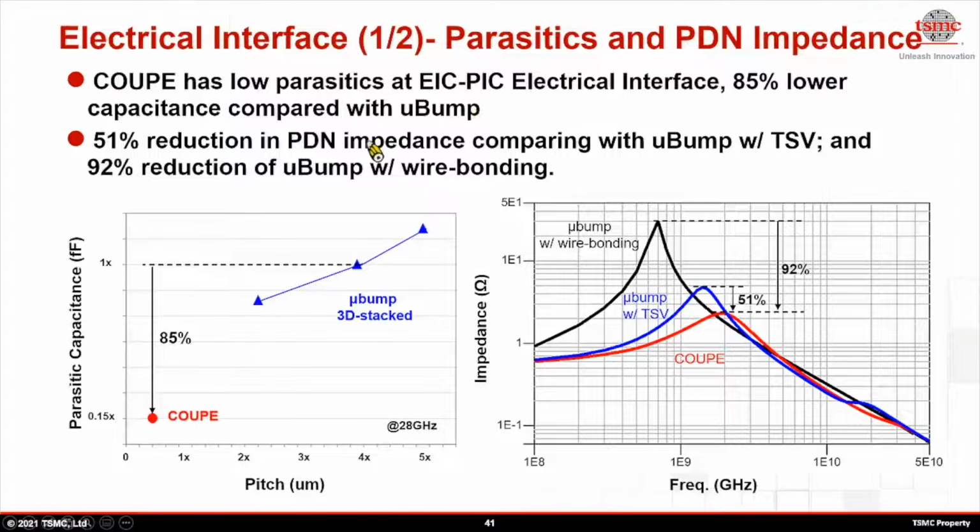And for PDN impedance, COUPE enables a 51% reduction compared with microbump integrated with TSV, and a 92% reduction from microbump integrated with wire bonding.